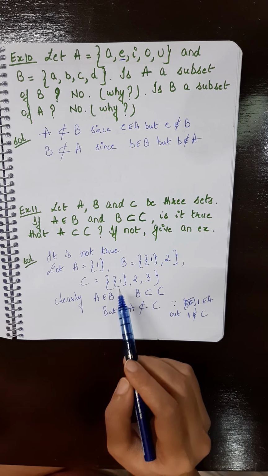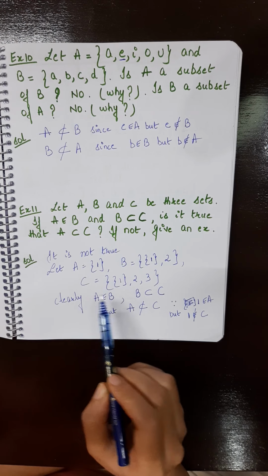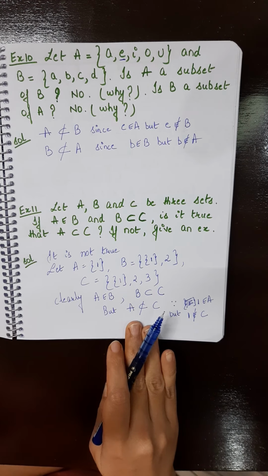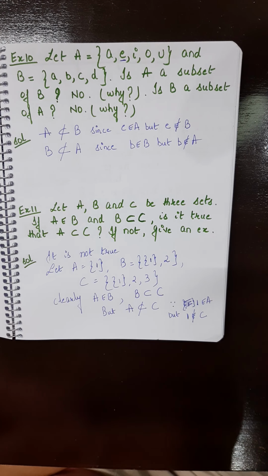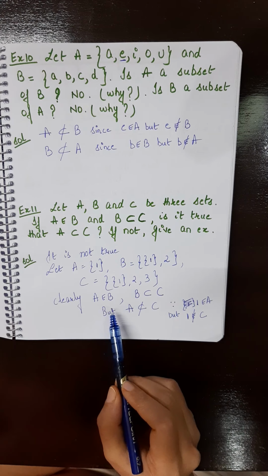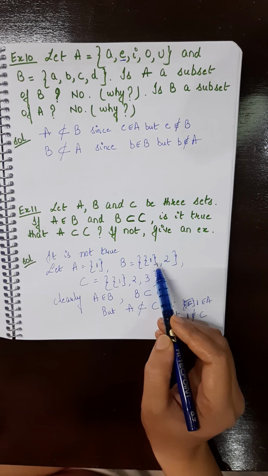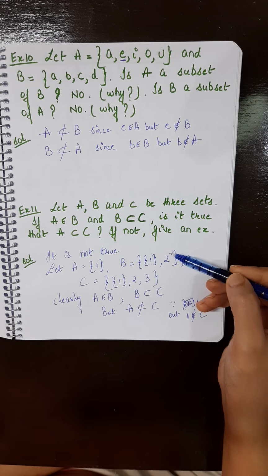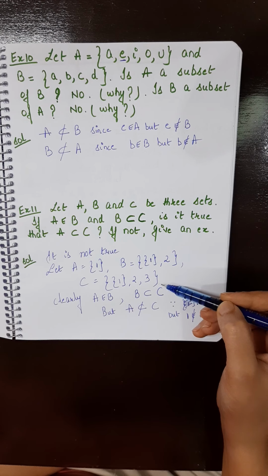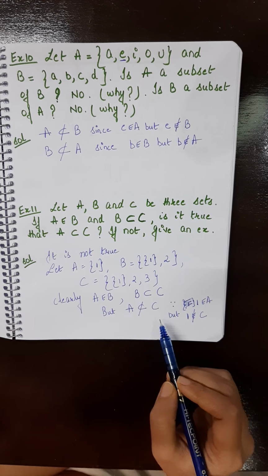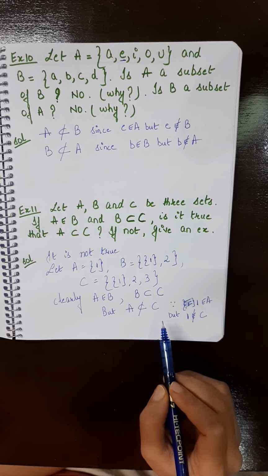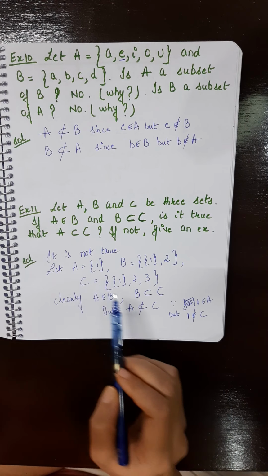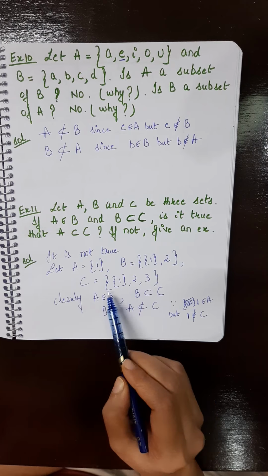Okay, so this is a very important question. You have to construct the sets in such a way that A belongs to B, B is a subset of C, every element of B is an element of C, but A is not contained in C, or A is not a subset of C, because here A is this and C is this.